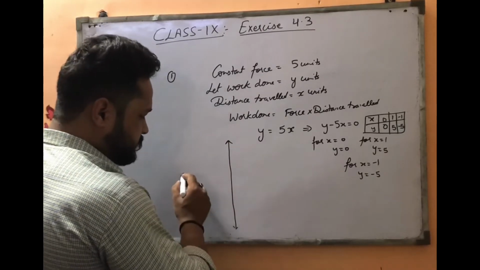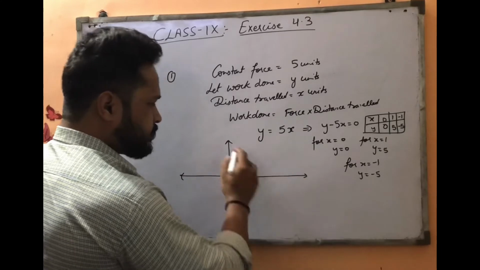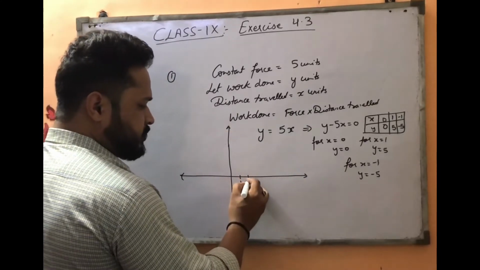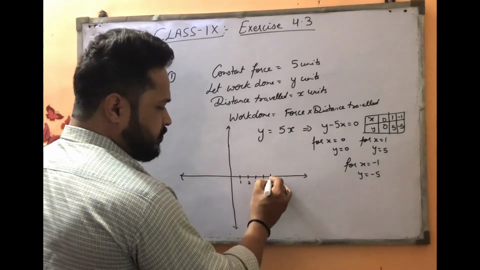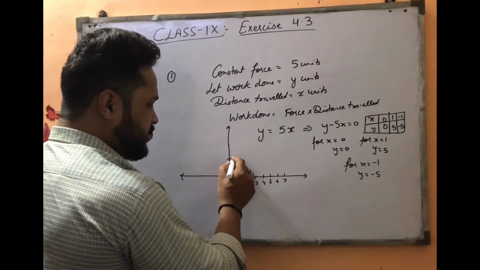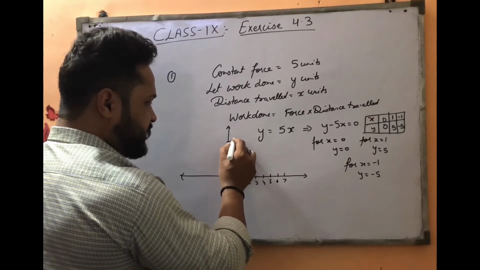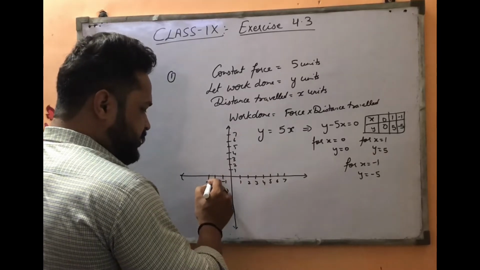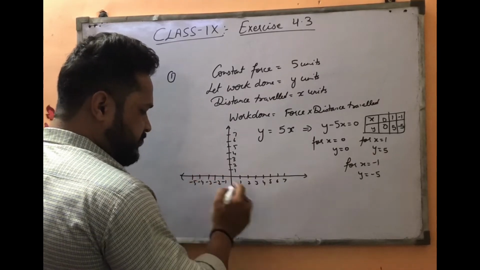Check it here. Say this is 1, 2, 3, 4, 5, 6, 7. 1, 2, 3, 4, 5, 6, 7. Minus 1, minus 2, minus 3, minus 4, minus 5.